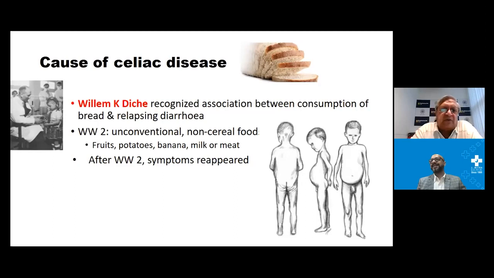During the Second World War, since bread was not available, people shifted to non-conventional, non-cereal food like fruits, potatoes, bananas, milk or meat, and celiac disease disappeared. After the Second World War, once bread was available and started being consumed, the symptoms reappeared.